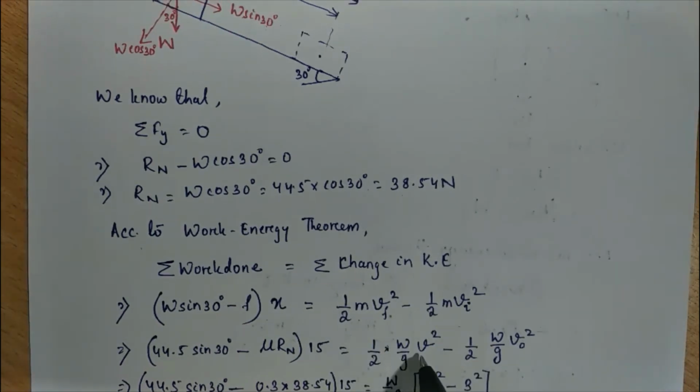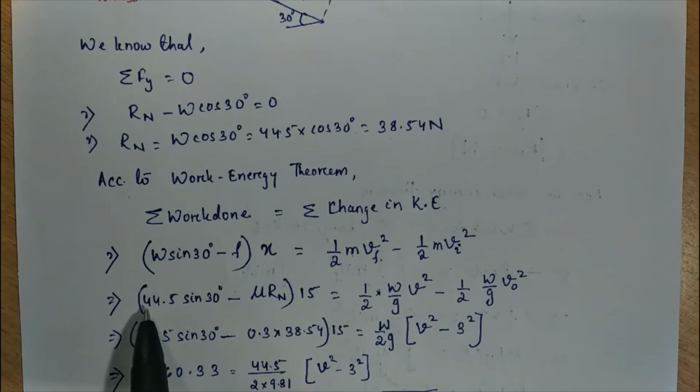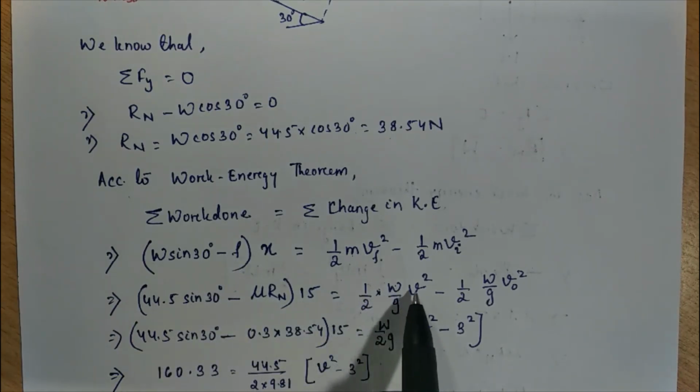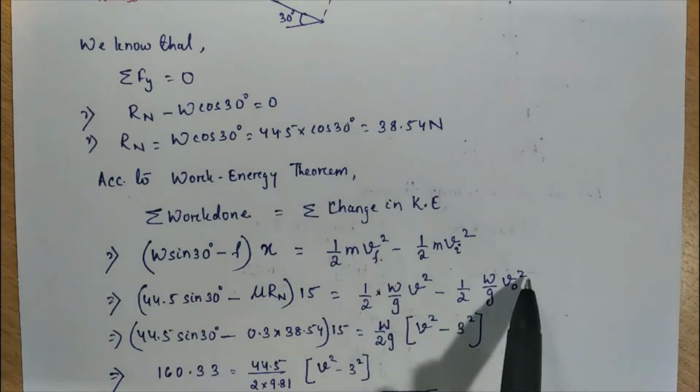So Vf is given as V square and Vi as V naught. Now we substitute all the values here. M is considered to be W by g. Here we substitute the weight W value 44.5 sin 30 minus F. F is mu Rn. So (44.5 sin 30 minus mu Rn) into 15 is equal to half W by g V square minus half W by g V naught square.